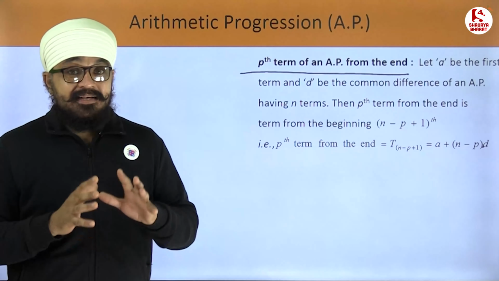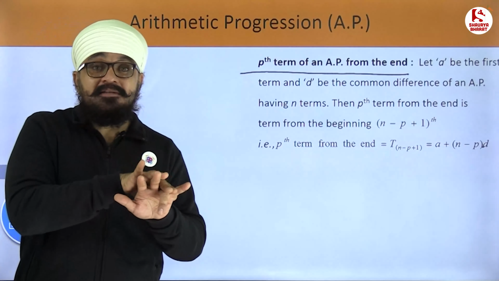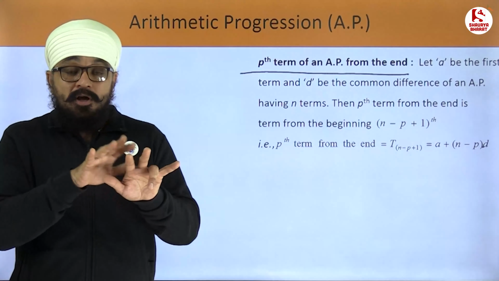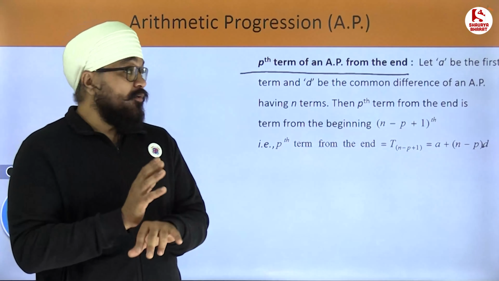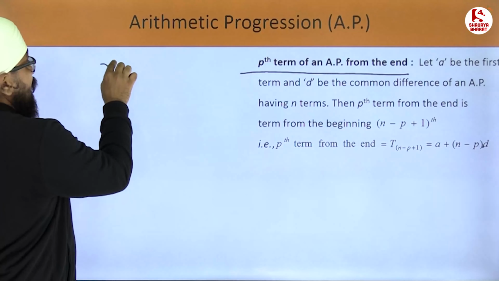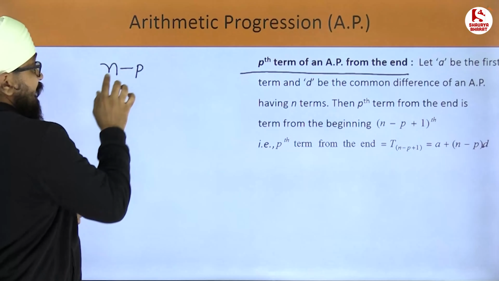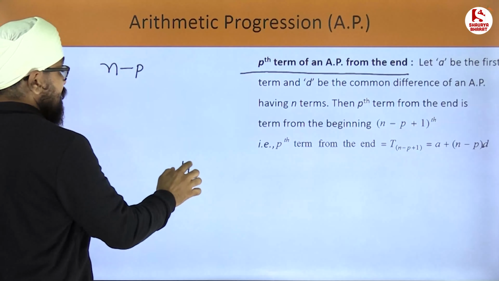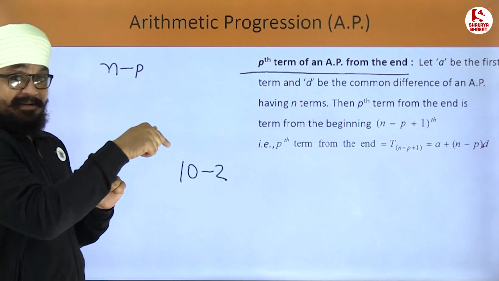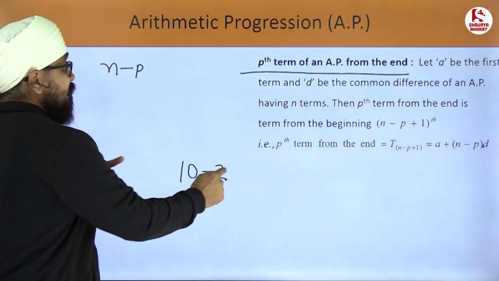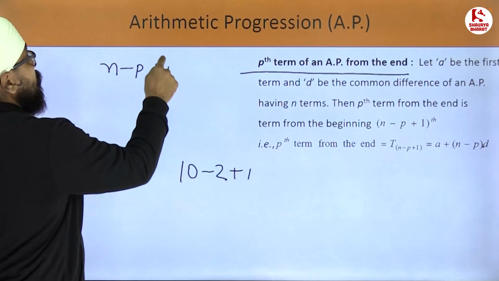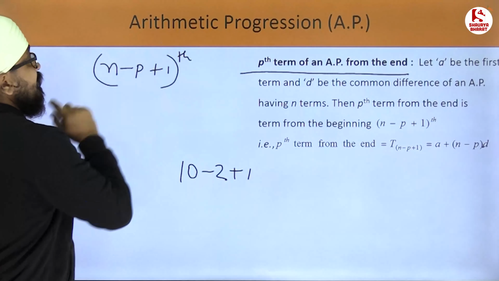So, when we want to find the pth term from the end and we are counting from the front, it will be n minus p, as we did for 10 fingers, it is 10 minus 2. We want the second term from the end, but it is one more position than that. So, this is the term from the beginning.